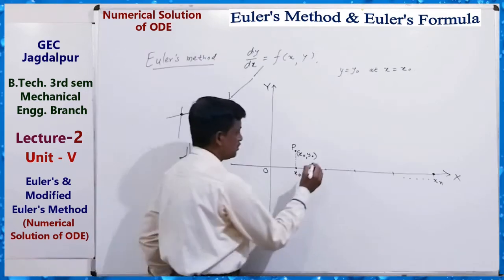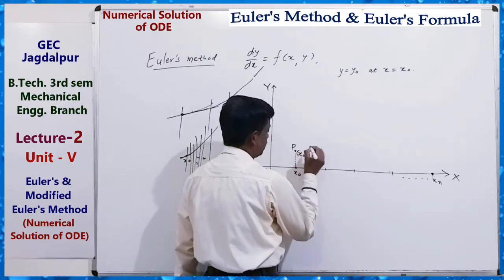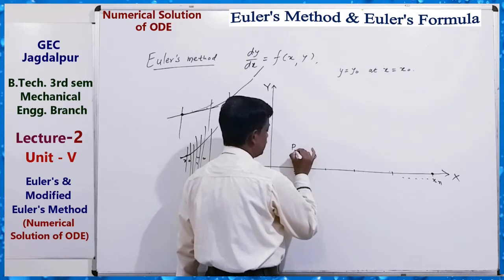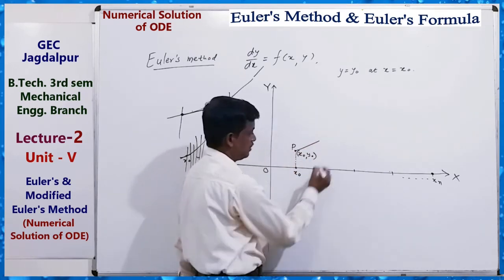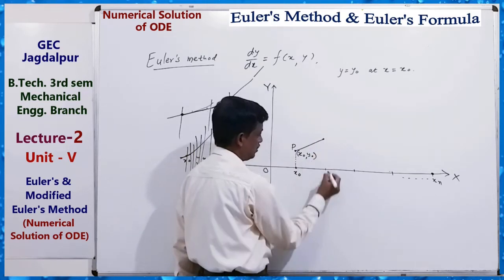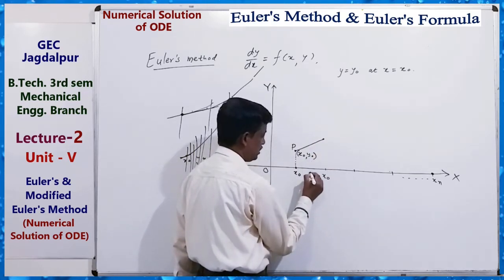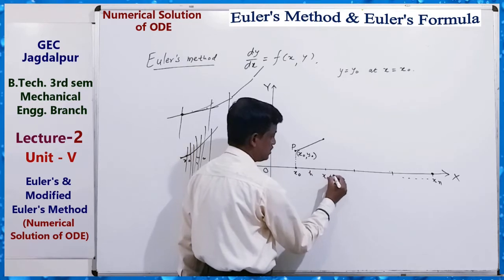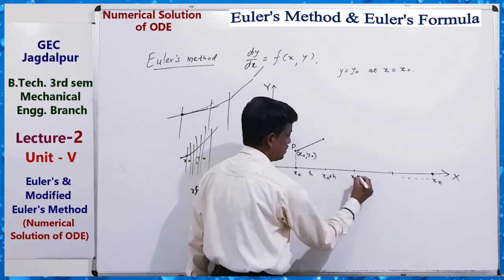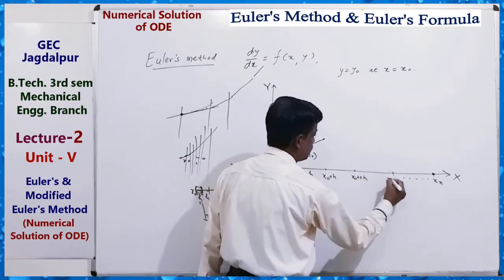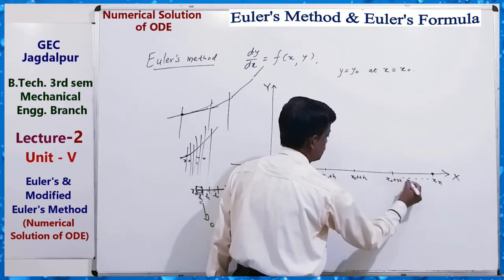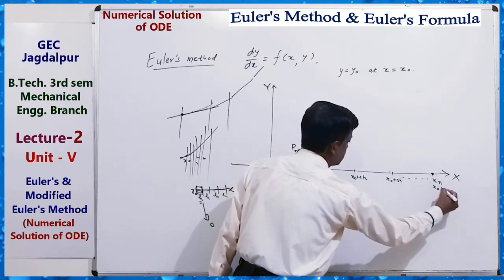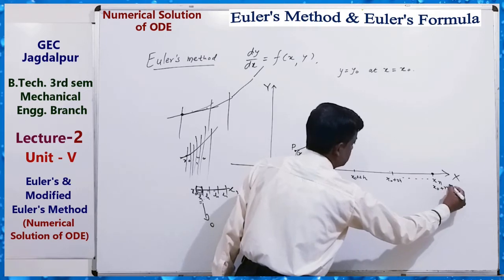Okay, so suppose here this is point x0 plus h, if this is interval h, then this is x0 plus 2h, this is x0 plus 3h and so on, this is x0 plus nh.